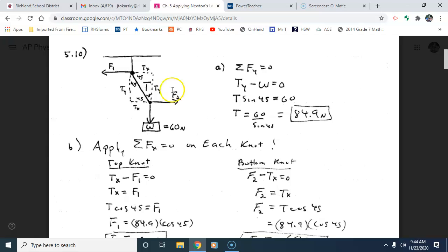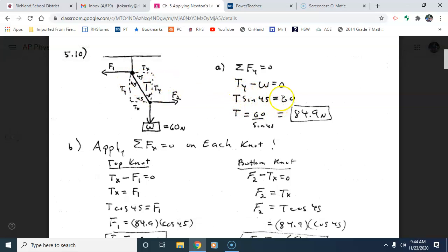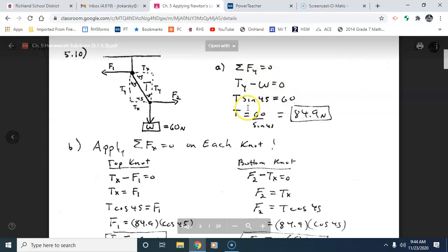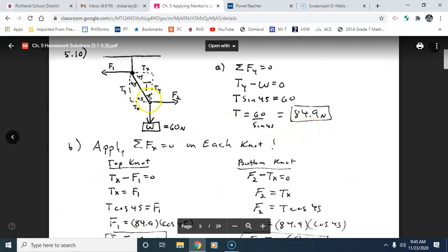It doesn't have to be that way. So when we plug that in for the y component of the tension, and we know it must balance and be equal with the weight because of what we set up here, we can solve by dividing over sine of 45 to get the tension. Overall tension is what they asked for, of 84.9 newtons.